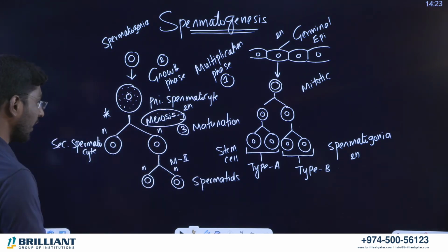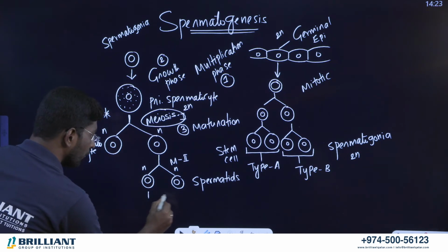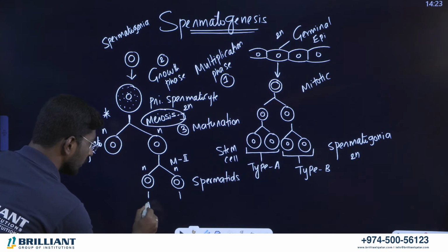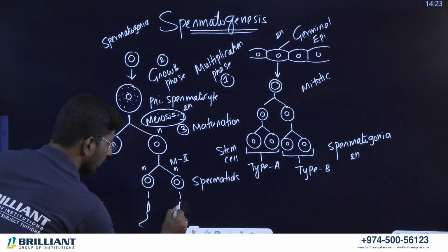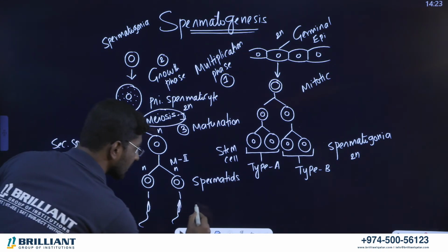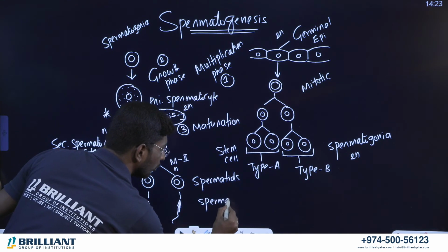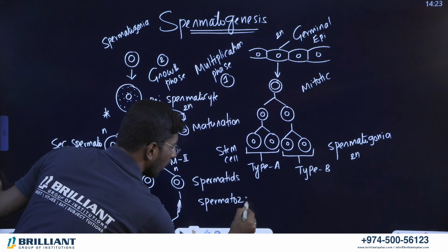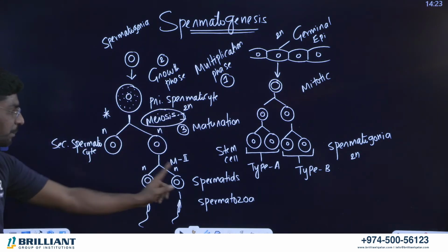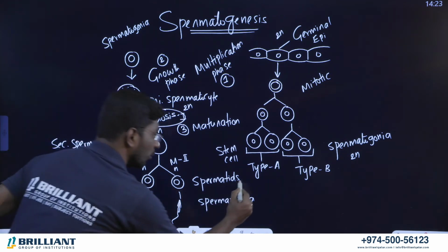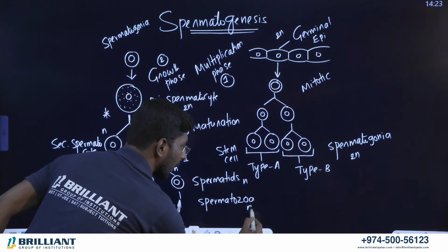This spermatid undergoes maturation fully to form sperm. I hope you get my point. So the last stage is known as spermatozoa. Question: Sir, are spermatids and spermatozoa haploid or diploid? Haploid. So haploid, and here also haploid.